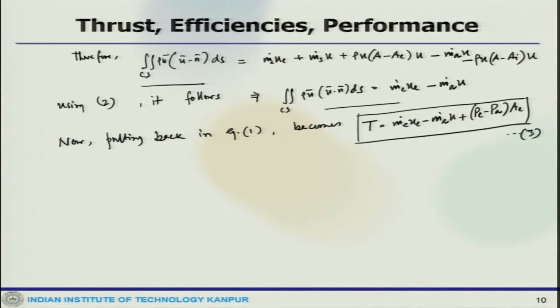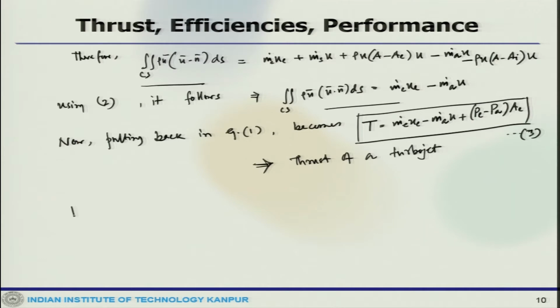This is equation 3, and this is the thrust of a turbojet. So, you can finally get the expression for the thrust of a turbojet engine.